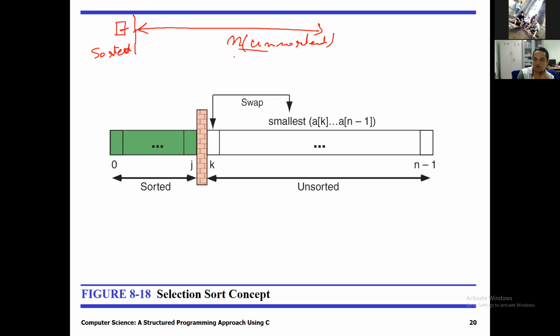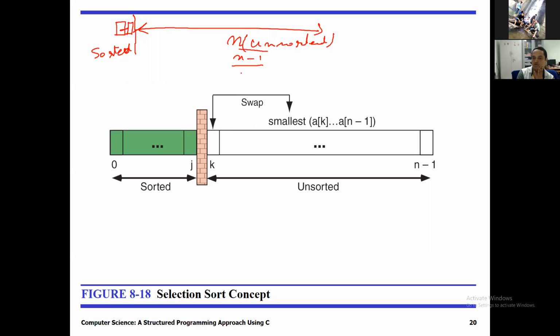Then now you have n-1 number of elements. Search the entire unsorted part, which now contains n-1 elements. Pick the smallest one and put it in the second position.